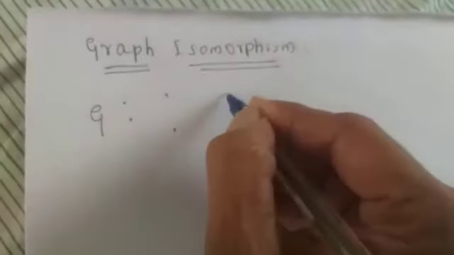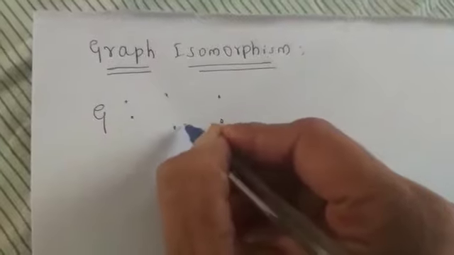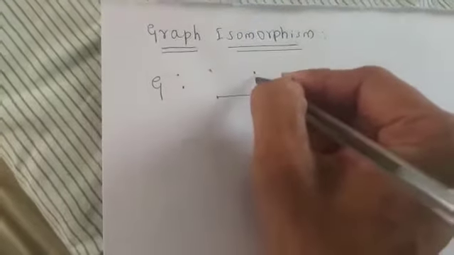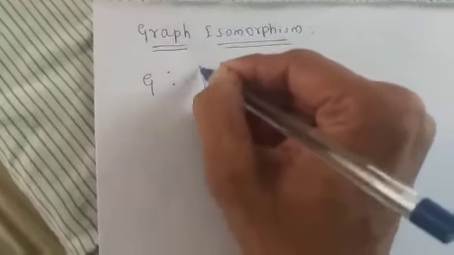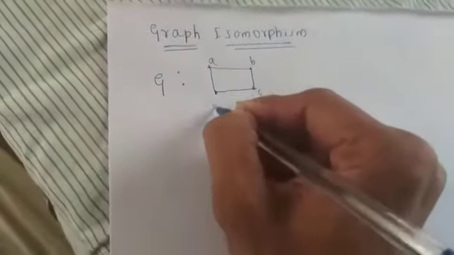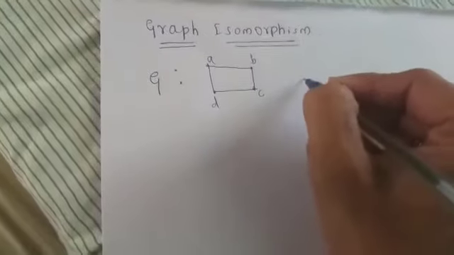with four vertices, say for example A, B, C and D. I will consider one more graph.